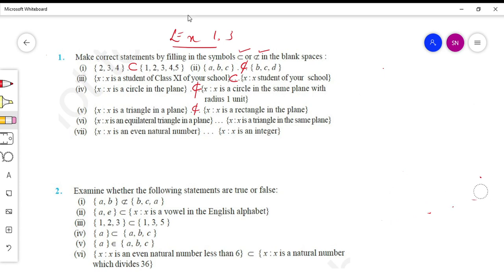The left hand side of the question tells it is an equilateral triangle. For an equilateral triangle, we know the property: all the sides are equal, all the angle measurements are also equal. Next, dash, x is a triangle in the same plane. So you have a general case. There is a plane, and x is a triangle in a plane.